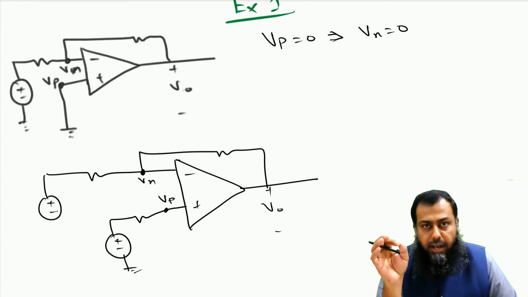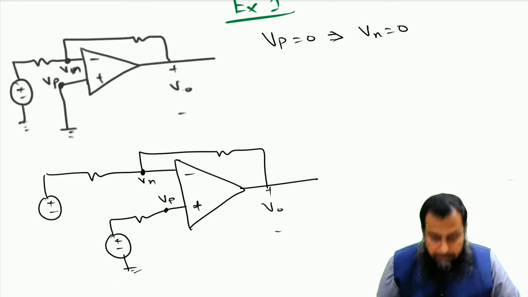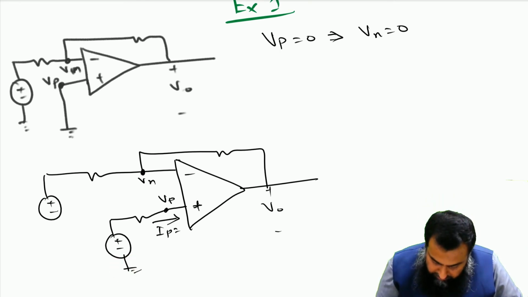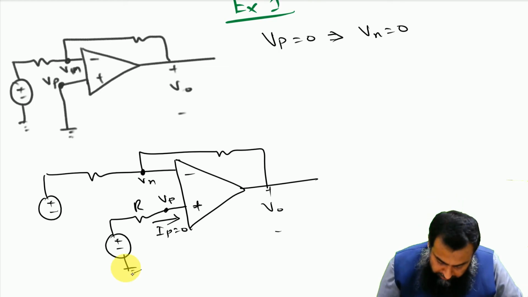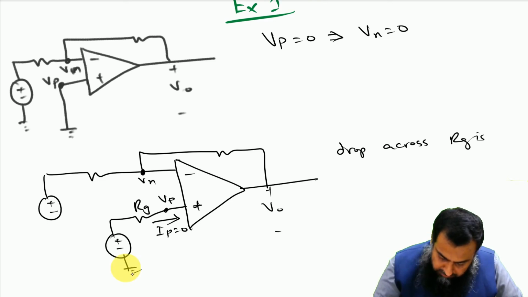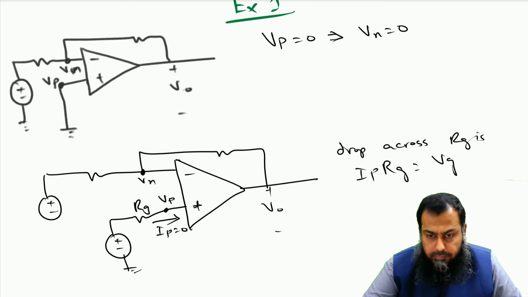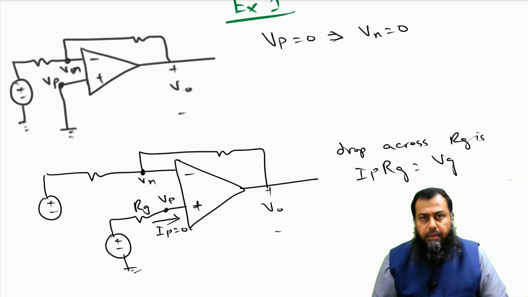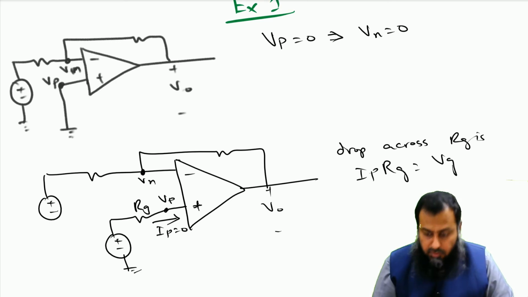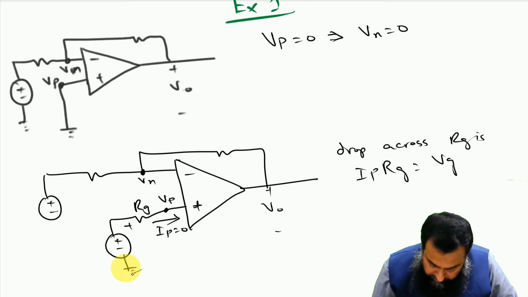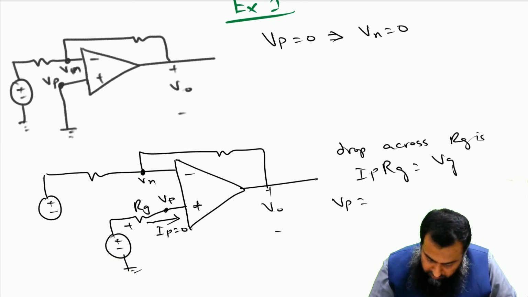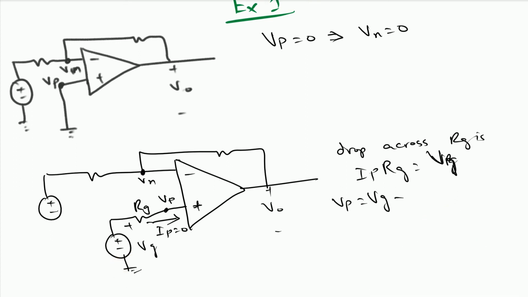Despite the fact that we now have a voltage source connected on this positive side, because this current Ip is equal to 0, the drop across this resistance Rg is Ip into Rg, which is equal to 0.